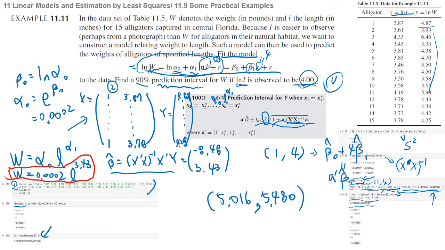So this is the confidence bound prediction interval for W when ln L is observed to be 4.00.